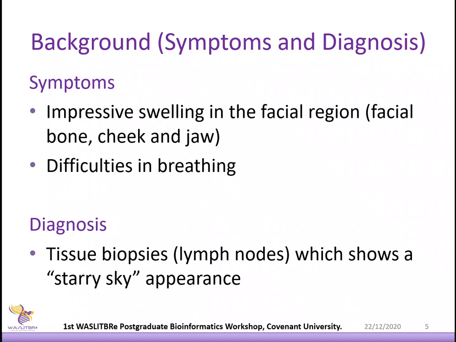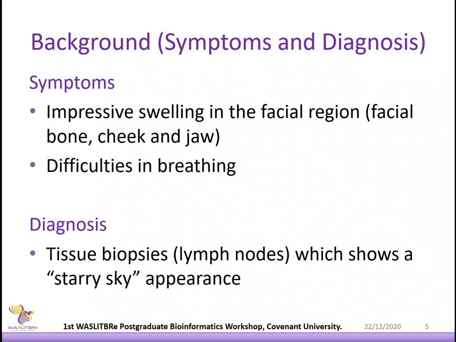Okay, so some few symptoms of Burkitt's lymphoma. There's a swelling around the facial region. I'll show an image in the next few slides. Around the jaw and the cheek, it usually swells and becomes very big. And children with this find it very difficult to breathe.